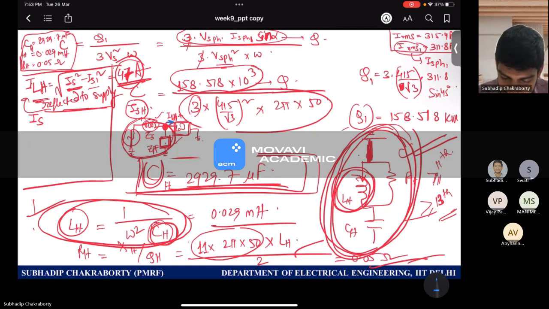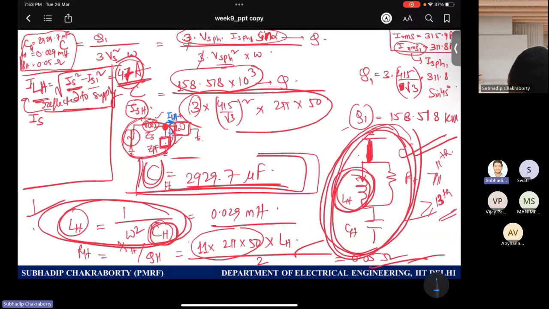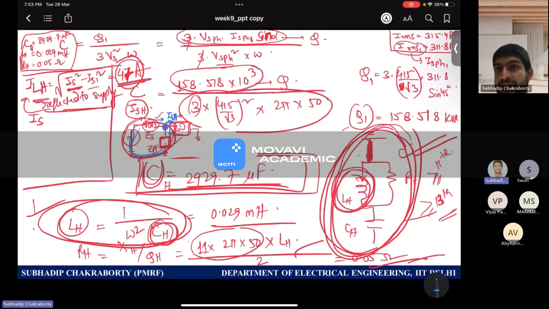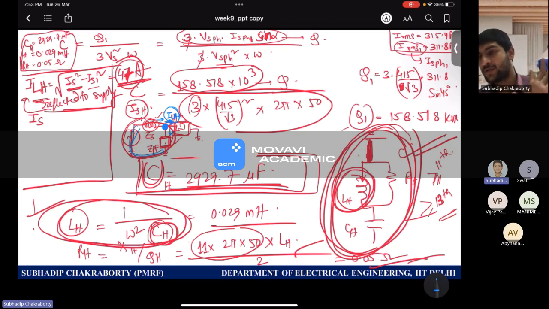This ILH reflected to the supply side will split among this filter and this source, because both the Thevenin equivalents are coming in parallel. Yes, agreed or not? Hello. Yes, sir. So if you want to see the Thevenin equivalent from this node, this current will see two paths. This ILH not completely will be absorbed by the filter. That is my main point that I want to keep.